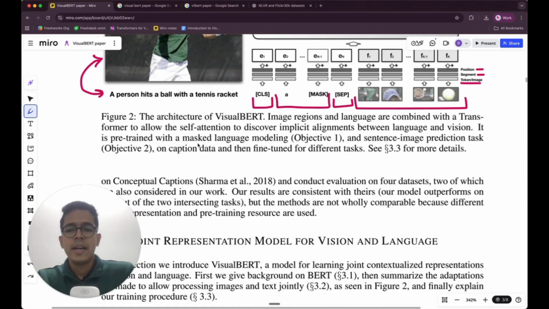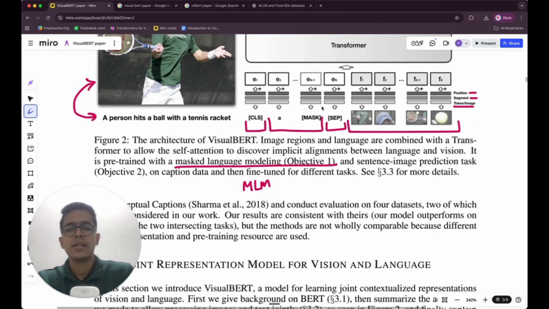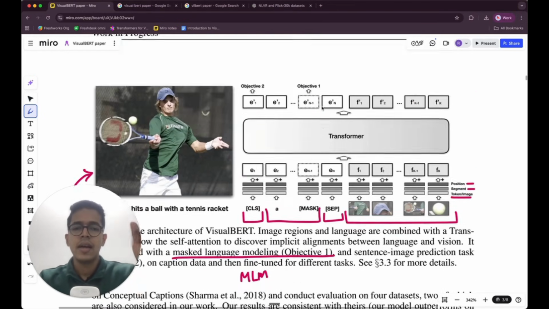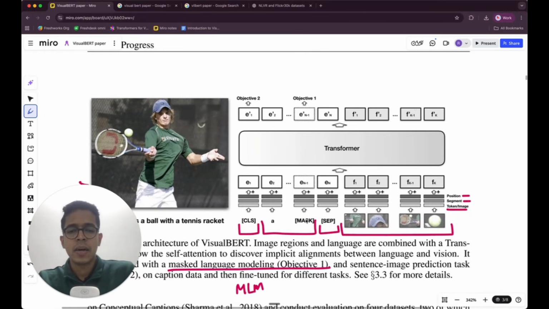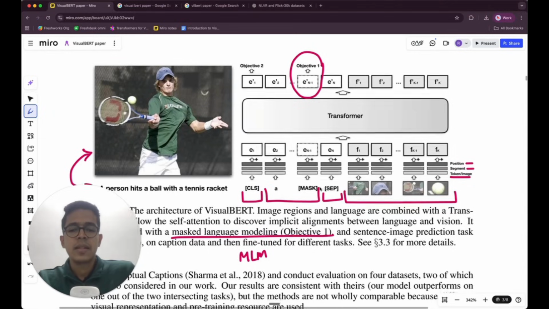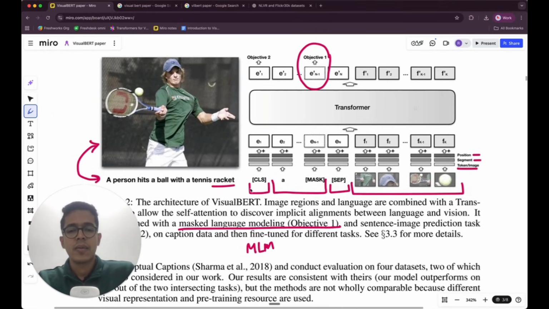It is pre-trained with a masked language modeling objective. This MLM, or masked language modeling objective, was one of the objectives of BERT also. Masked language modeling is, if you have a sentence, some words you will mask, and then you will try to predict what that masked token is. So this is the final classification token corresponding to the mask, and your objective one is to predict what this masked word is. You know the masked word is probably racket because that is the last word.